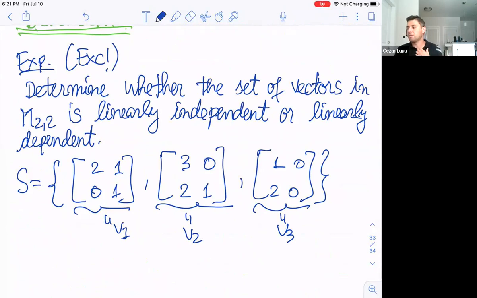And then you have a system, and you have to see if that system has a trivial solution or not. If it has a trivial solution, then you will conclude that the set consisting of these three vectors is linearly independent. If it doesn't have the trivial solution, then you will say that the set is linearly dependent, and that's the story.